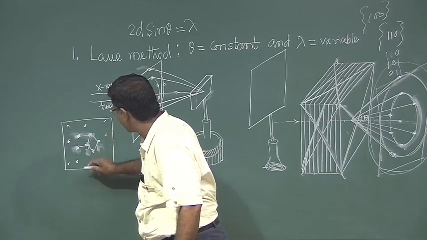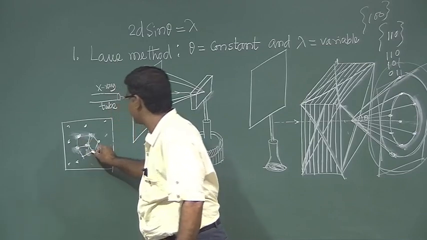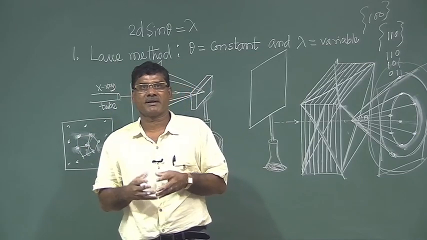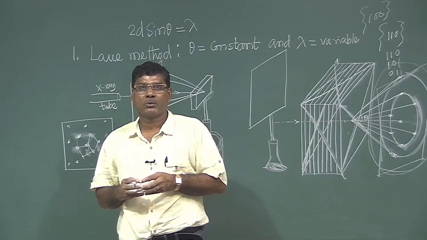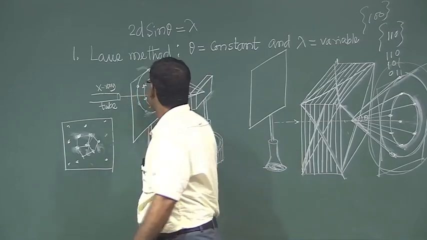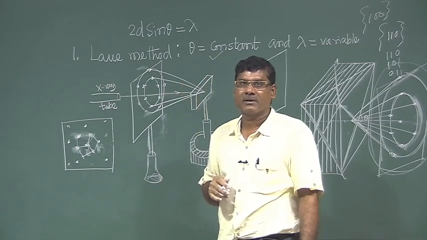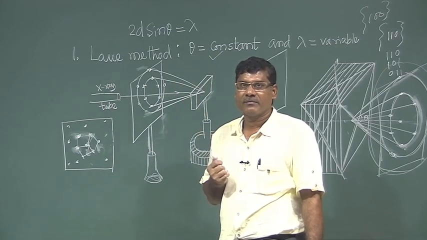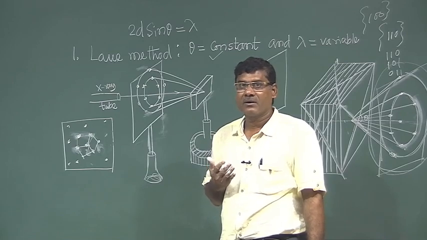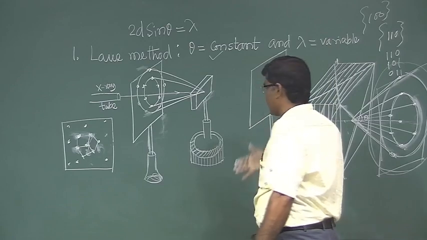So this way one can find out the symmetry. To know the symmetry of the crystal, one uses this method and finds out what the symmetry of the crystal is, even what the surface is.